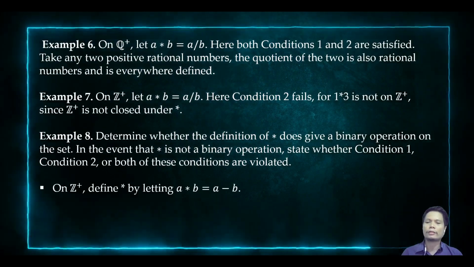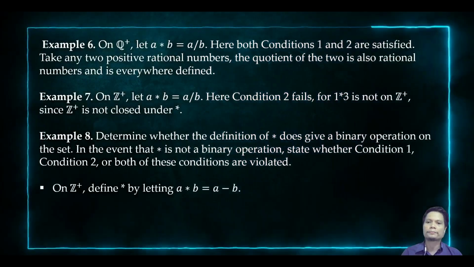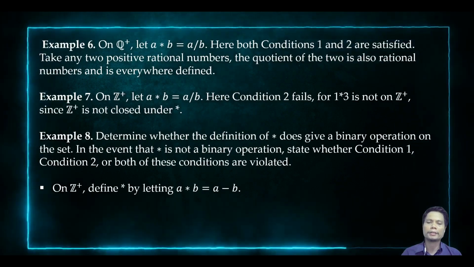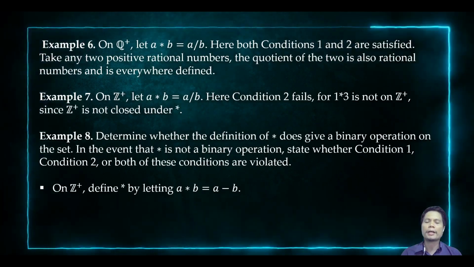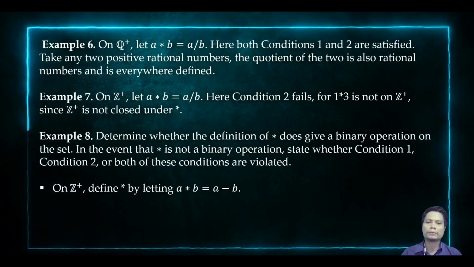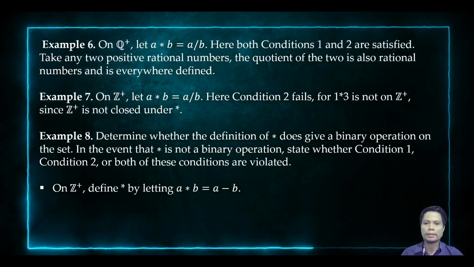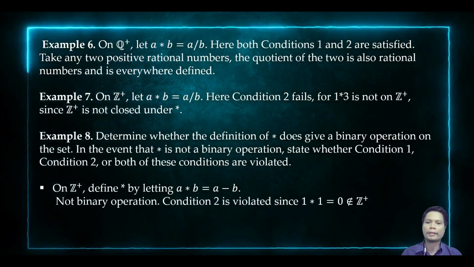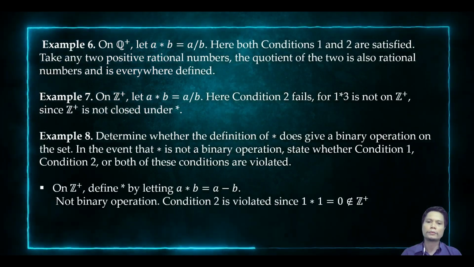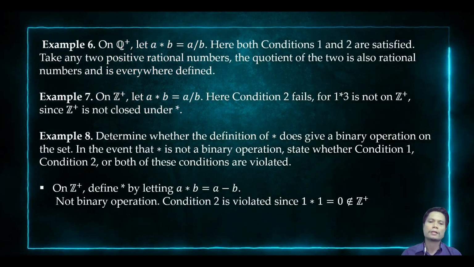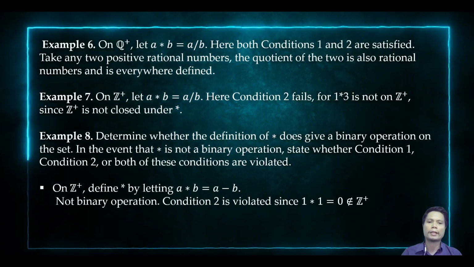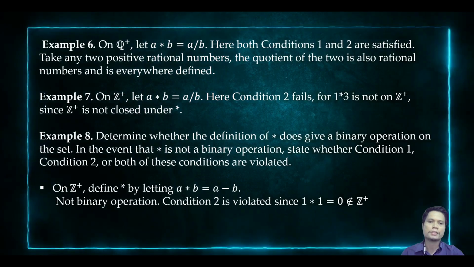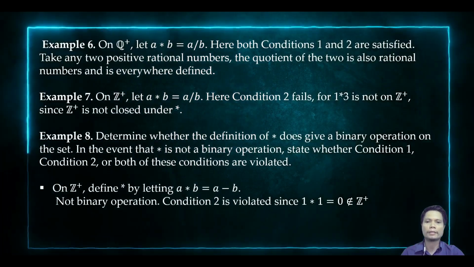On the set of positive integers, defined by letting a binary operation b is equal to a minus b. Not a binary operation. Condition 2 is violated since 1 binary operation 1 is equal to 0, which is not an element of positive integers.